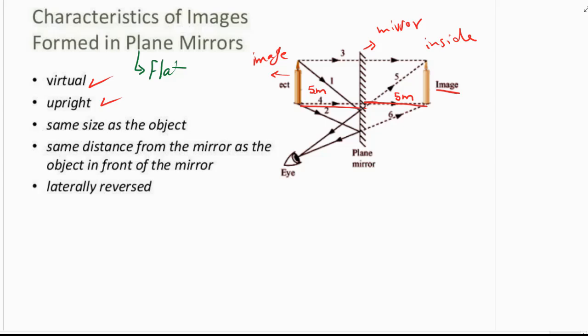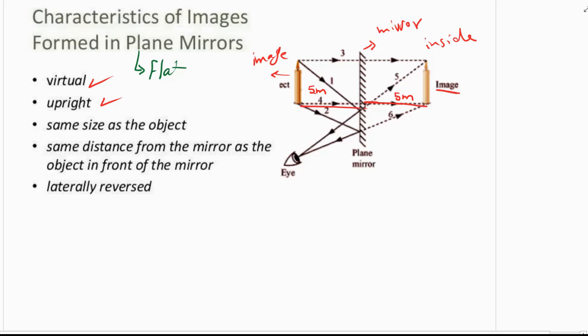So now we need to know what the properties of the image formed in a flat mirror are. Number one, it's virtual. Virtual means it's not a real image, and I'm going to explain the difference between a real image and a virtual image in more detail.